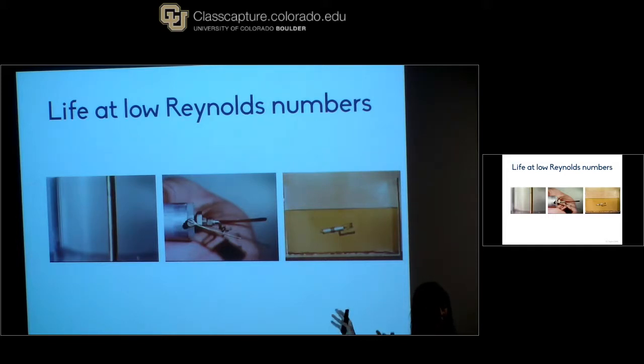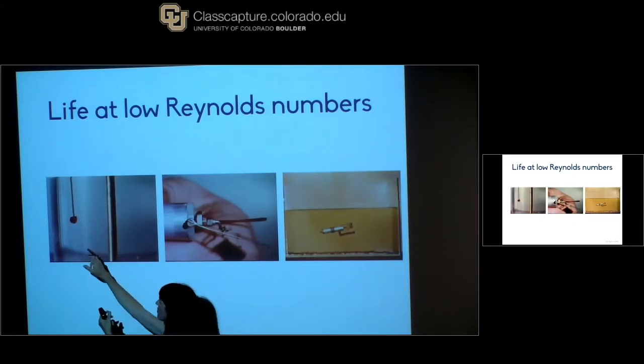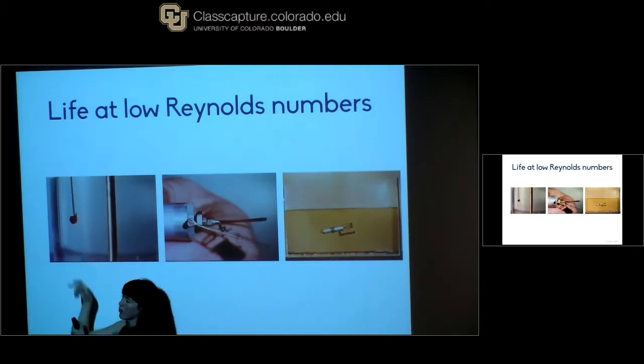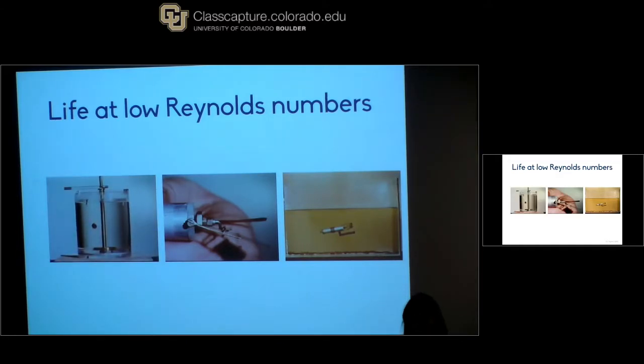These are very famous movies that maybe Lisa wanted to show, but maybe not. Somebody has seen them? These are movies made by G.I. Taylor, who was a famous fluid mechanician, to show this concept that things are reversible at this low Reynolds number. This is a cylinder, and he's going to move the cylinder and mark some fluid particles with a dye. He's going to start turning pretty slowly, to remain at low Reynolds number.